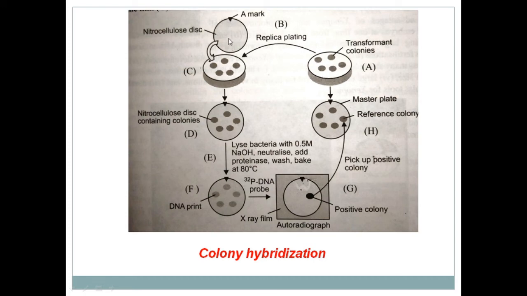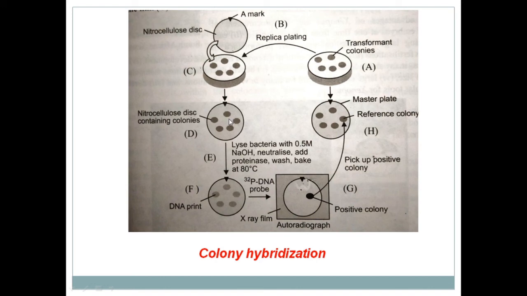Then we will take a velvet or paper or a nitrocellulose disc and make a replica plating of these transformant colonies, and we will grow these colonies on a nitrocellulose disc. So this is the third step. Then the nitrocellulose disc will have the same colonies, as you can see here. So these are the transformant colonies.